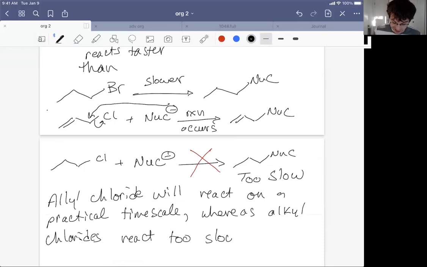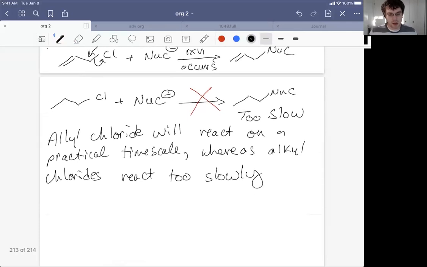In fact, we use dichloromethane as a solvent. I mean, that doesn't really have that much steric hindrance when you think about it. Okay, so that is the Sn2 reaction. The gist is it's the same Sn2 reaction that we know and love, but it's faster when we have an allyl system.